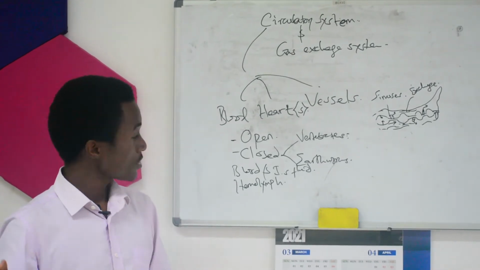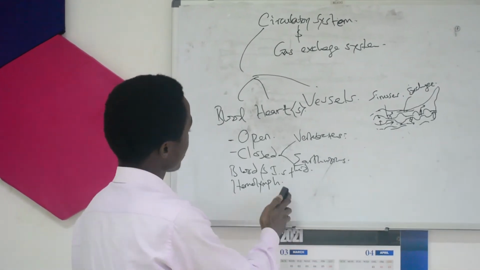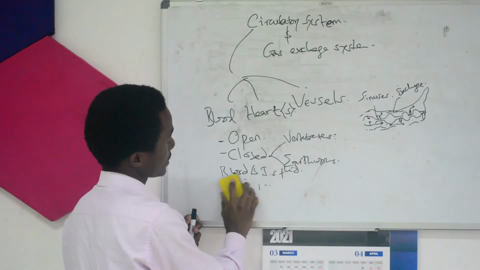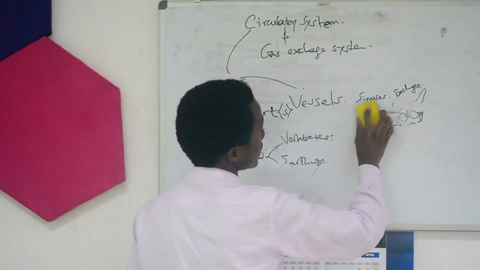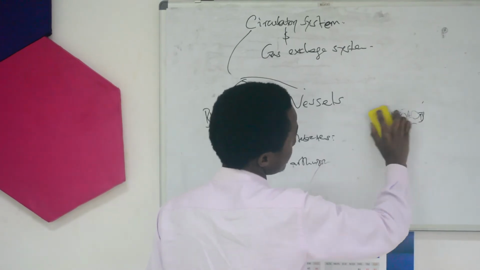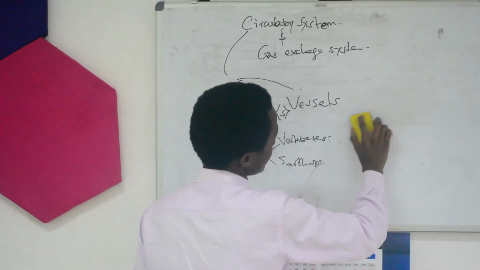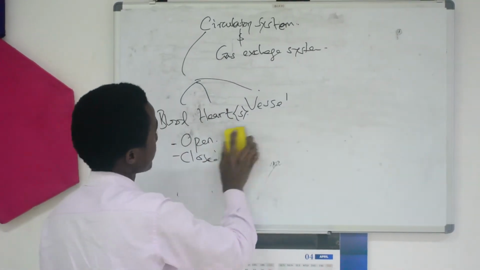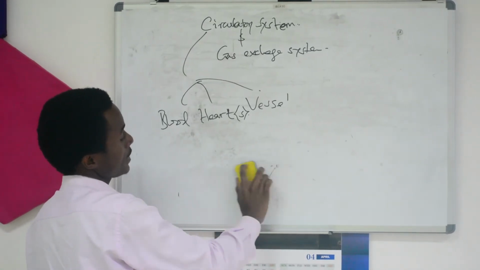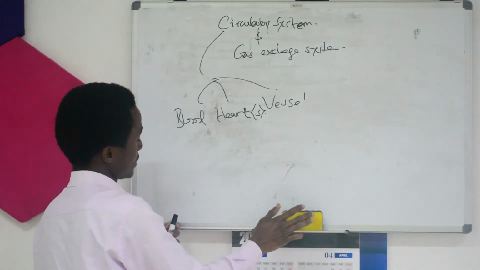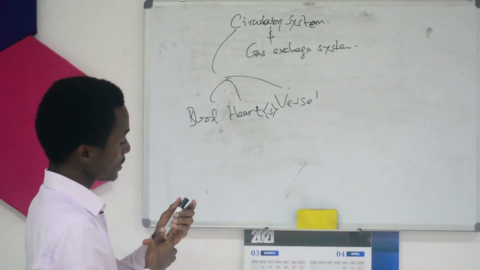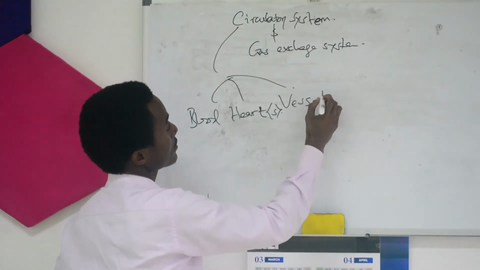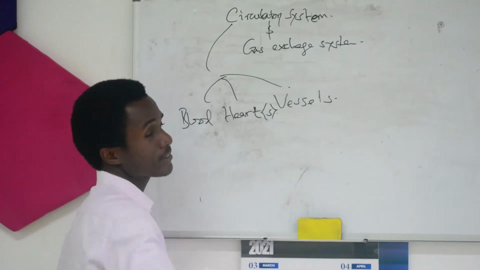Now, through most of this lecture, we'll be very much interested in the closed circulatory system. It has these three entities, and we are going to discuss them separately. But to begin with, we are going to do vessels. So what are vessels?